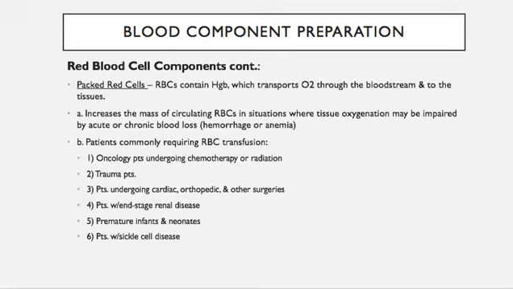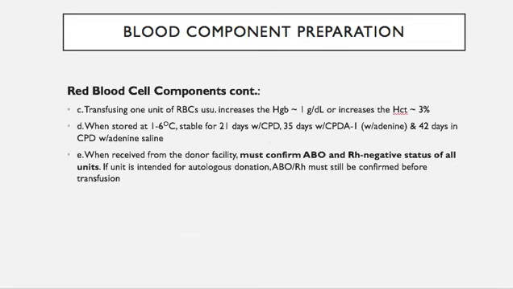Some patients who might commonly require red cell transfusions include oncology patients undergoing chemotherapy or radiation, trauma patients, patients undergoing cardiac, orthopedic, or other surgeries, patients with end-stage renal disease, premature infants and neonates, and patients with sickle cell disease. And just like with whole blood, transfusing 1 unit of red cells usually is going to increase the hemoglobin by about 1 gram per deciliter or the hematocrit by 3%.